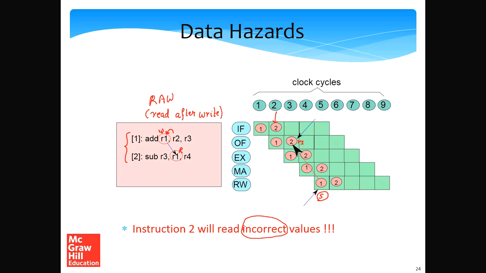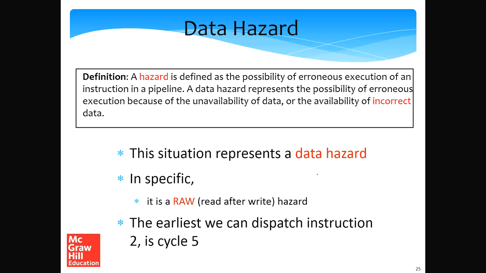So in this case, in cycle number 3, if we try to read R1 from the register file, we will simply not get the right data, because the right data has not been written to the register file yet. That will cause a problem, and that's called a data hazard, right? There is a possibility of an error. In specific, this is a RAW, a read after write data hazard, because we have two instructions where the first instruction is writing and the second instruction is reading.